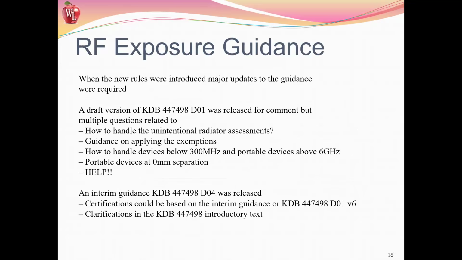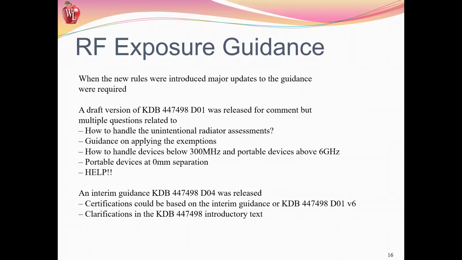When new rules are introduced, major updates to the guidance were required, and a draft version of this KDB 447498 D01 was released for comments, but they had quite a few questions. One, they included the emissions from unintentional radiators, and as a community, the labs are not really fully aware of how to include that.